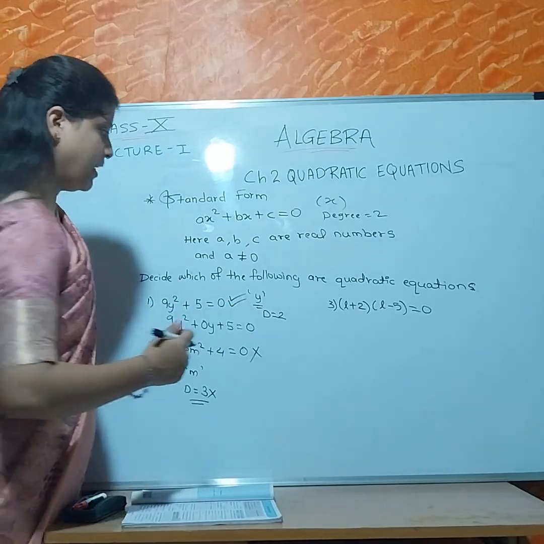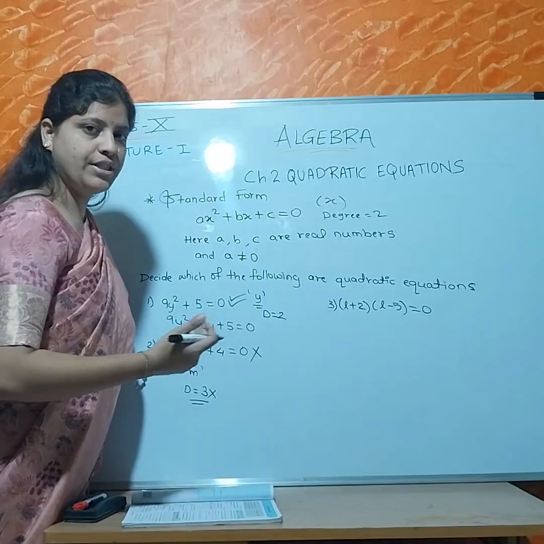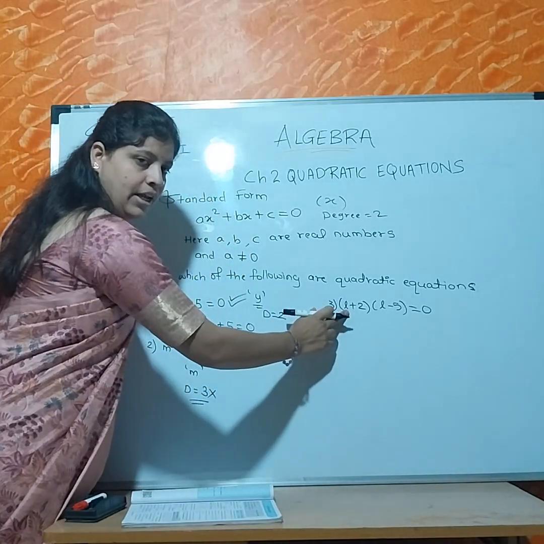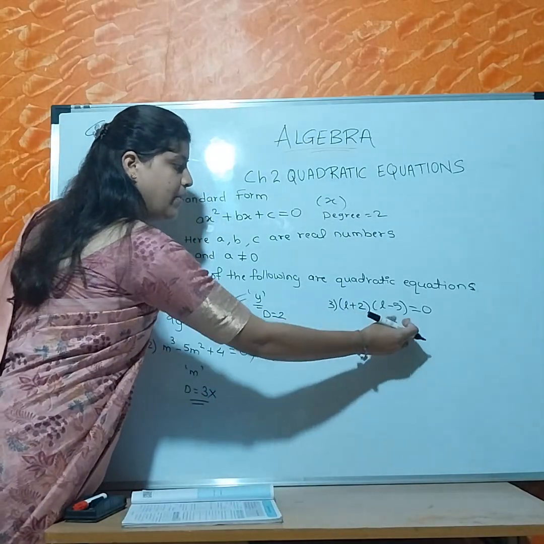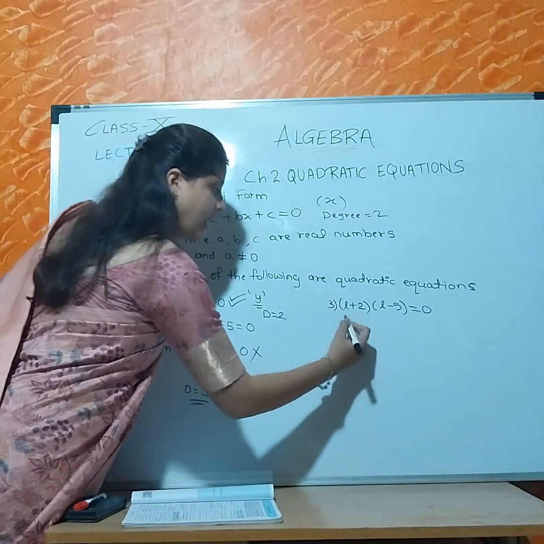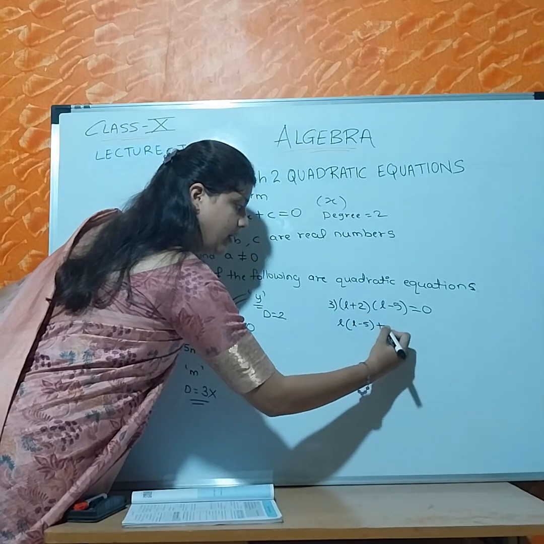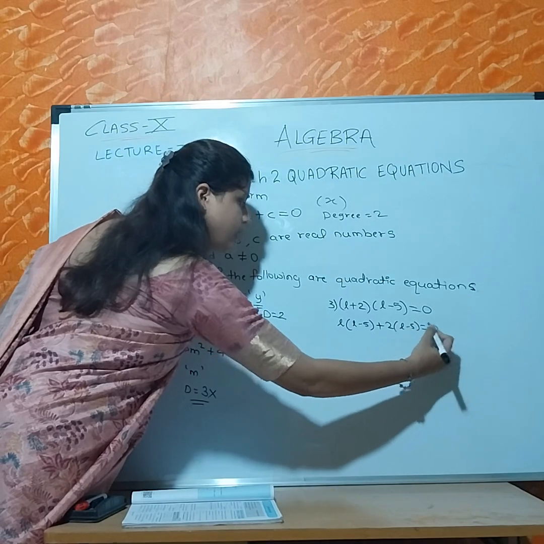Now next third example, see, we will simplify this equation first. So how we will simplify? With this L we will multiply to this bracket, and next with this 2 we will multiply to this bracket. See, L into (L minus 5) plus 2 into (L minus 5) is equal to 0.